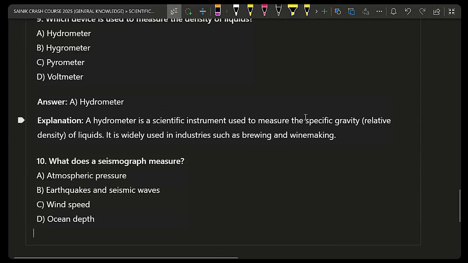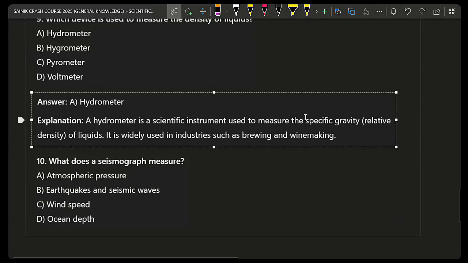What does a seismograph measure? Option A, atmospheric pressure. Option B, earthquakes and seismic waves. Option C, wind speed. And option D, ocean depth.